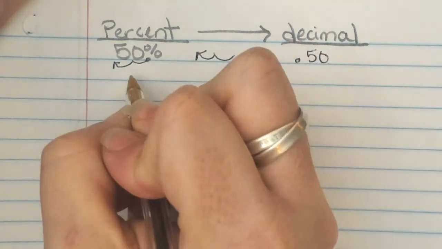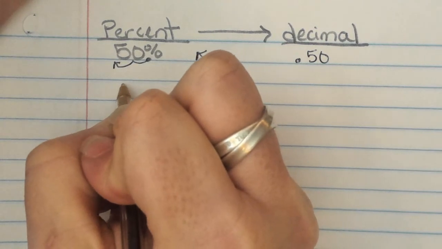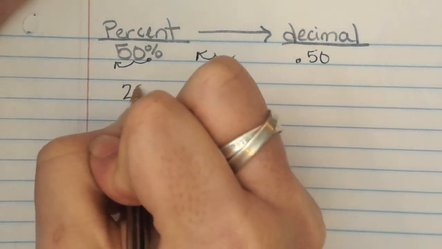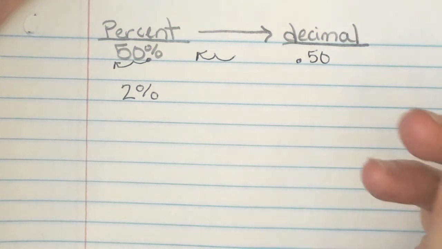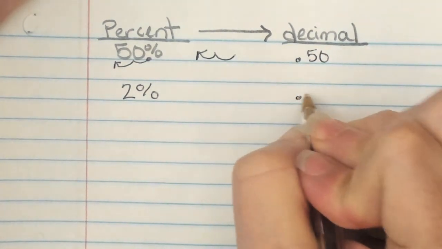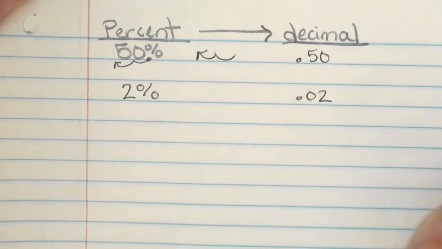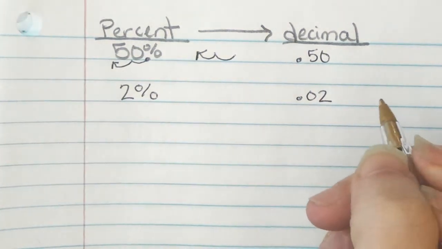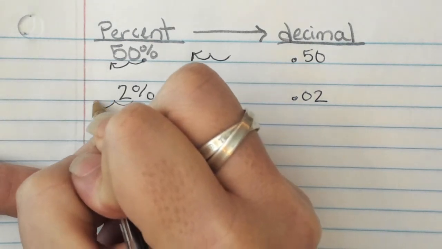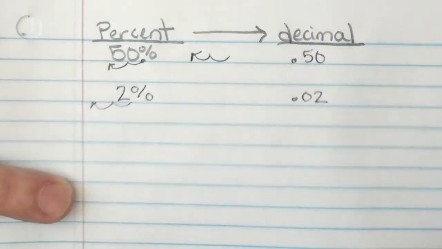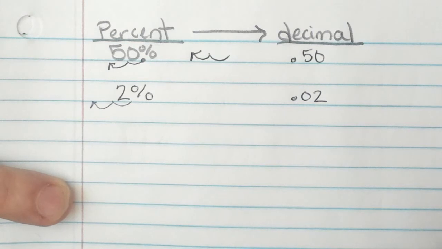Okay, yes. So let's say you have 2%. Well, if I bounce it twice to the left, it is now 0.02. Now remember, as you bounce it twice to the left, there's an empty hole there now. You got to fill in that empty hole with a 0.